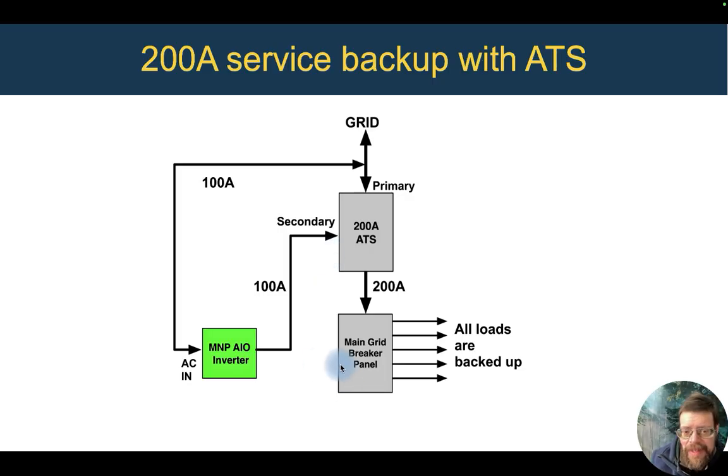That doesn't work, and it's just going to shut down. So that grid feed of the inverter has to be from above on the grid side of that 200 amp transfer switch.